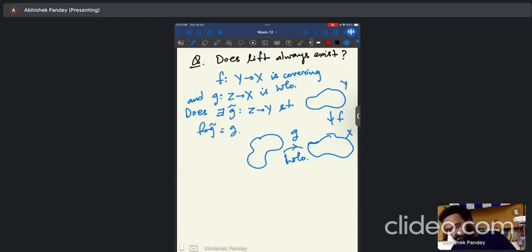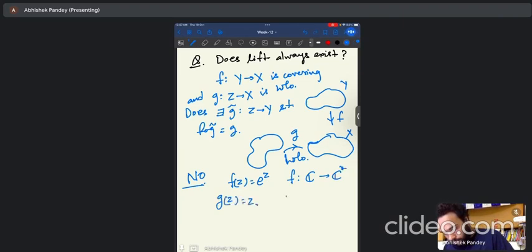So the answer is no. Let us take f(z) equals e to the power z, so f is from C to C star, and g(z) is z, from C star to C star. The possibility of g tilde(z) is nothing but log z, which is ln mod z plus i times capital Arg of z.